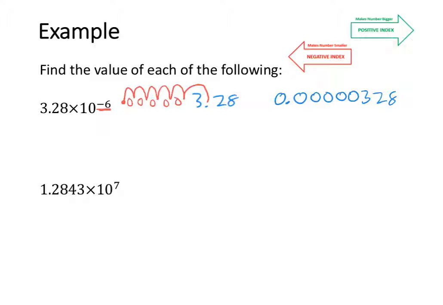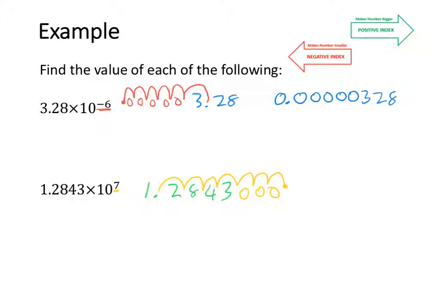And my last example, 1.2843 times 10 to the power of 7. So start off by writing my number, 1.2843. And this time I want to move my decimal place 7 places to the right because my index is positive. So 1, 2, 3, 4, 5, 6, 7, filling in any empty spaces with a 0.